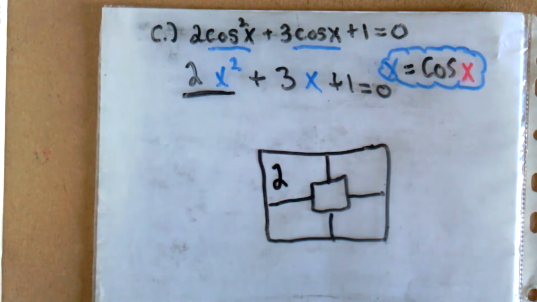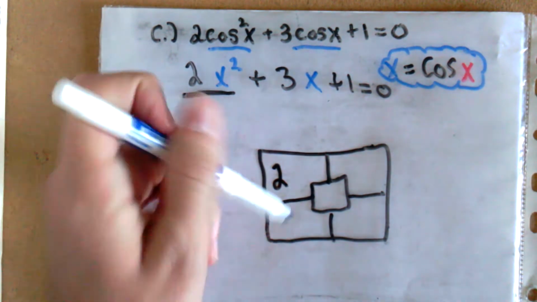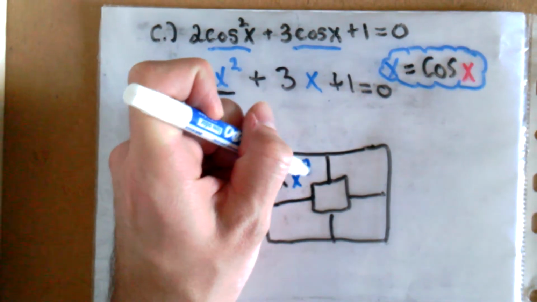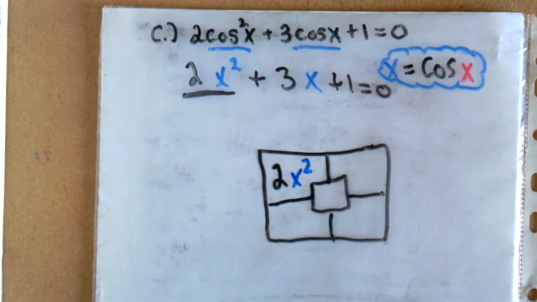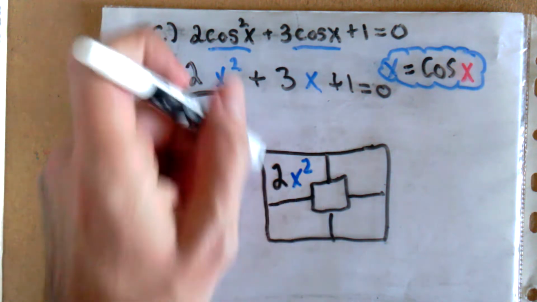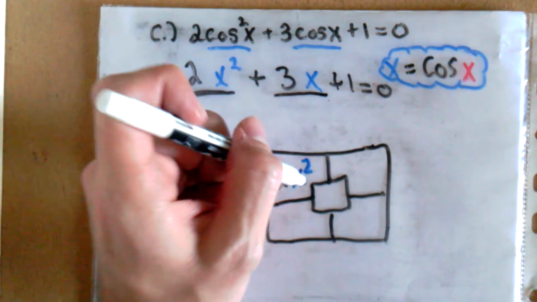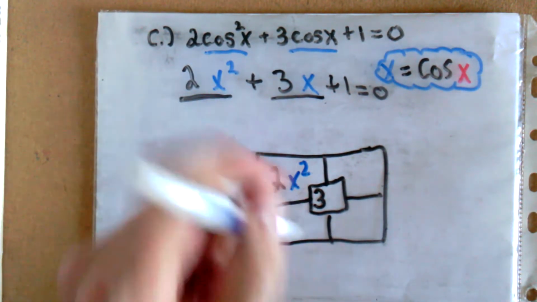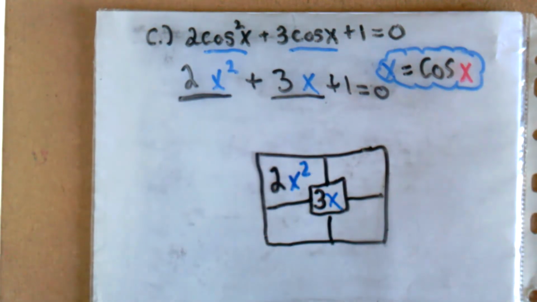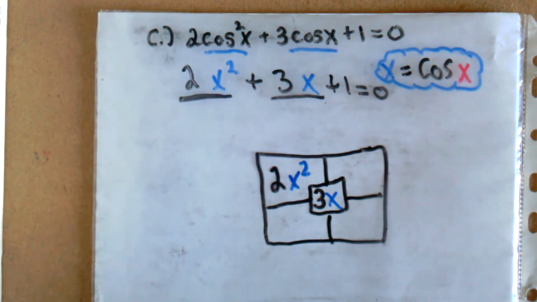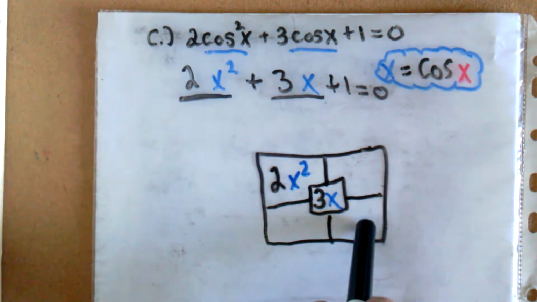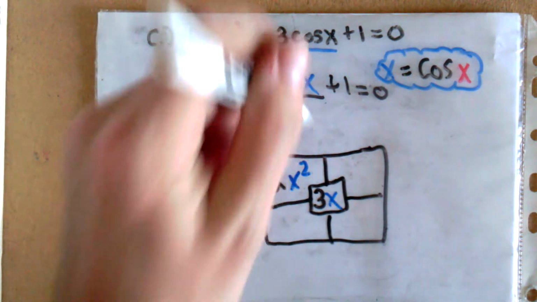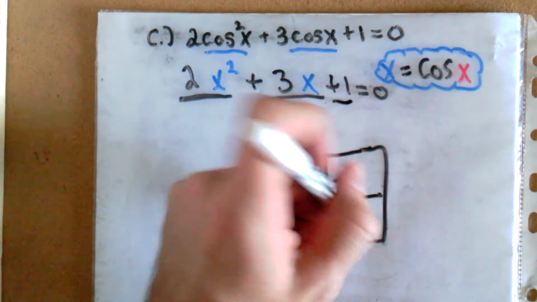So write 2x squared in the first box. And in the middle box, we're going to put 3x, the middle term. And then in the last box, on the long diagonal, we're going to put the last term, positive 1, or just 1, same thing.